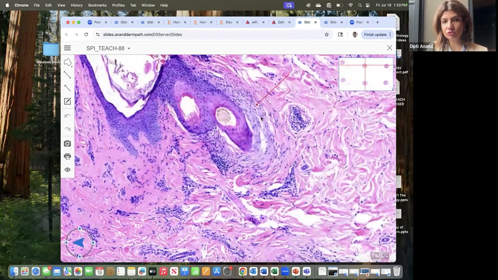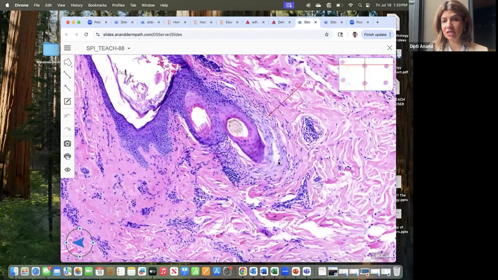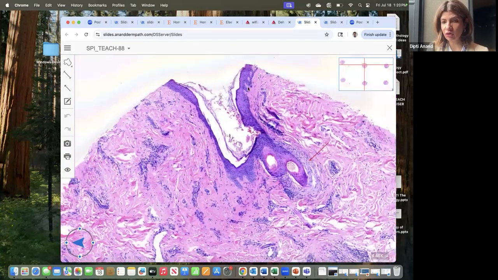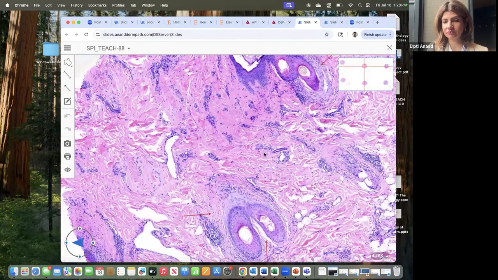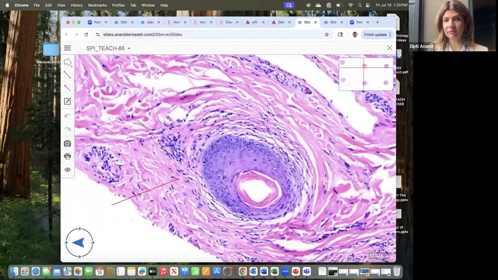So this is beautiful perifollicular fibrosis, which is more common than inflammation. And only the portion where the hair follicle is attached to the epidermis is going to be affected. So the interfollicular epidermis is normal. So this is a beautiful mucinous perifollicular fibrosis rather than inflammation, of lichen planopilaris rather than of discoid lupus.